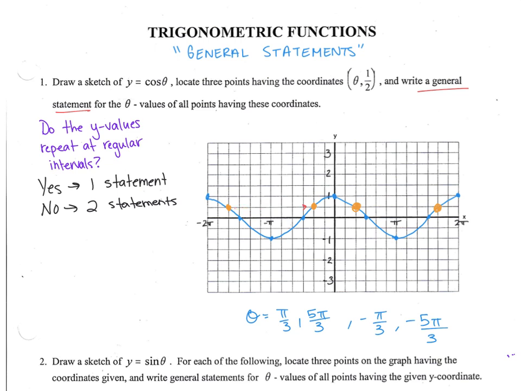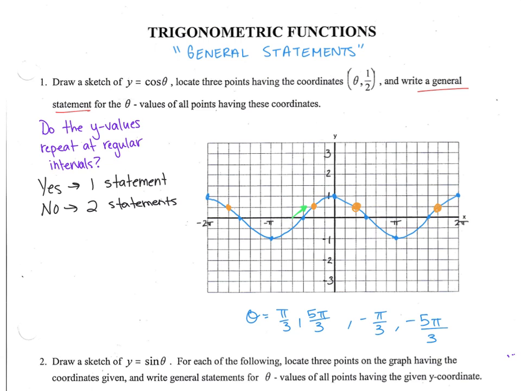So I want to draw your attention to this: we know that cosine rotates a full cycle every 2 pi units. And I want you to notice, as I approach this y value of 1/2, I am rising. My cosine curve, if I move from left to right, is rising to that y value of 1/2.